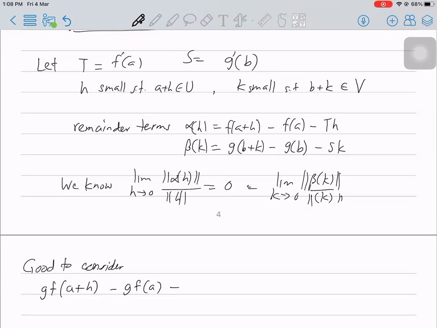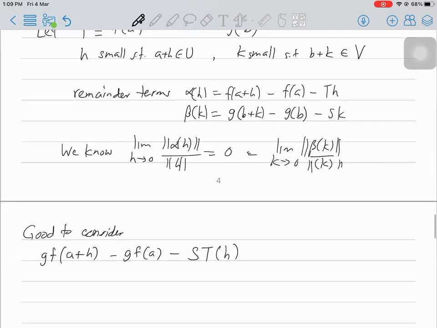Now I am claiming that the derivative is the composition of both of these. So I first have to do t and then I have to do s, and I have to evaluate both of these on what? On h. So I have to do this, and I need to show.